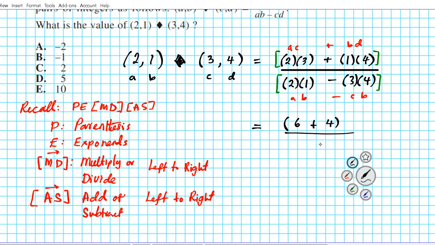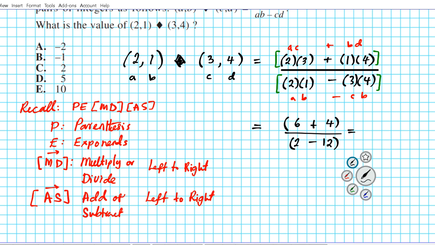That divided by, and then we're going to do the denominator next, following the same order. We're going to multiply before we subtract. So 2 times 1 is 2, minus 3 times 4, which is 12.